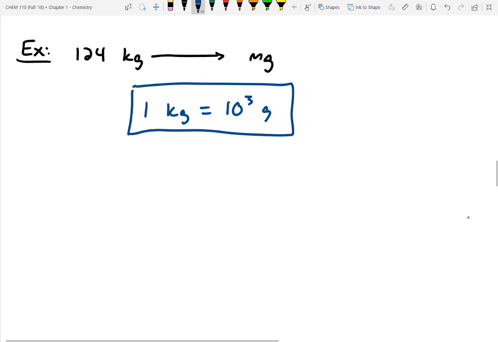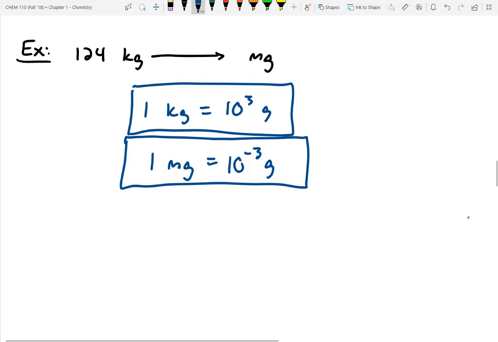And then we would say 10 to the negative 3 grams equals 1 milligram. So that was our unit conversion that we found.